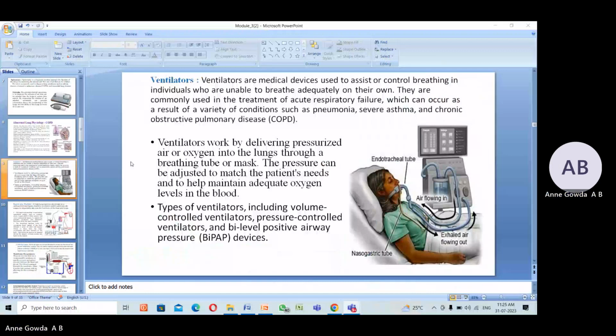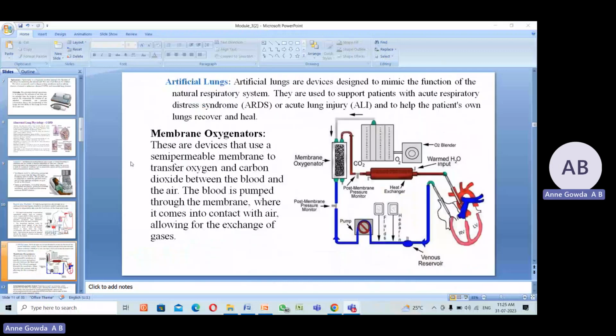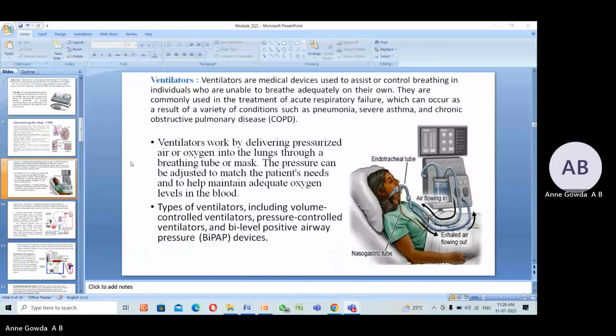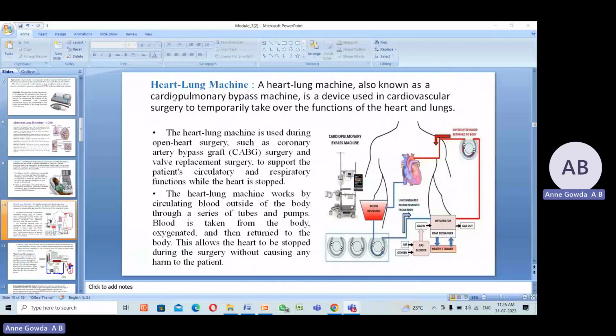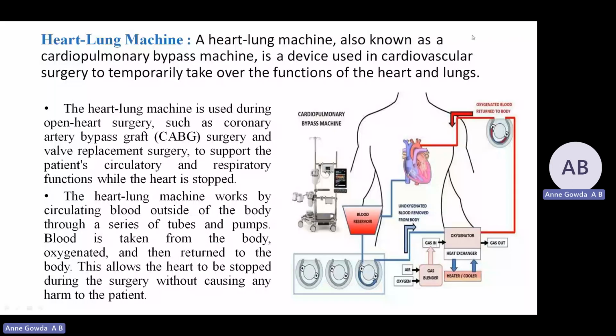And the next machine is the heart-lung machine, which is also called a cardiopulmonary bypass machine. What is the role of this machine?